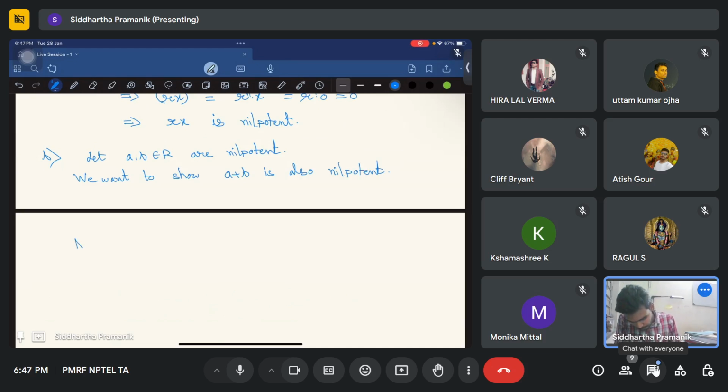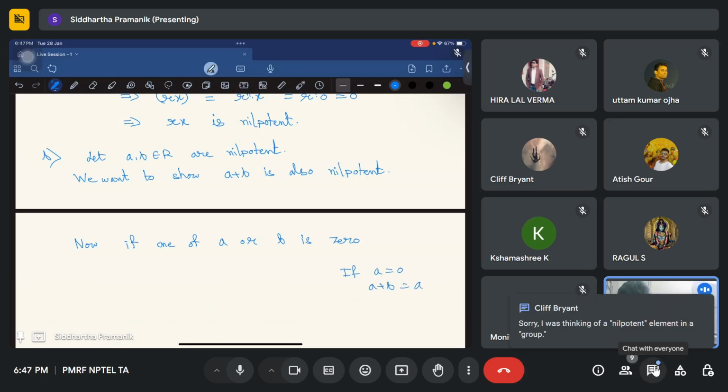Now if one of a or b is 0, then we have nothing to prove, because if a is 0, then a plus b is b, so it is nilpotent, and the same if b is 0.